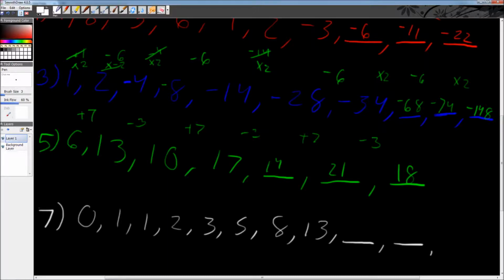Now, sometimes we can't really use the same method we've been using. So, let's see. To get from 0 to 1, it's plus 1. From 1 to 1 is plus 0. 1 to 2 is plus 1, then plus 1, plus 2, plus 3, plus 5.